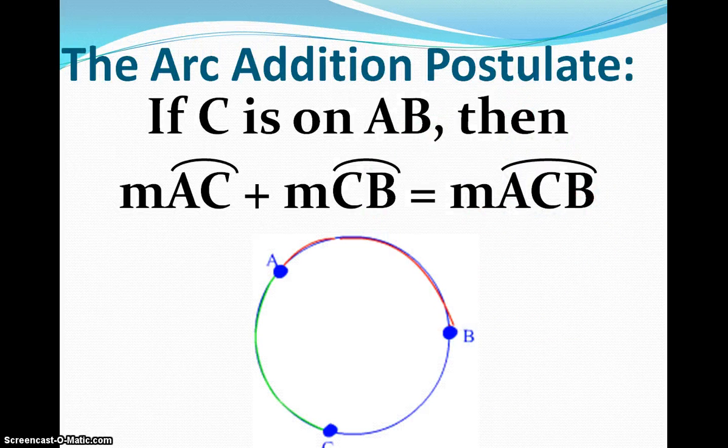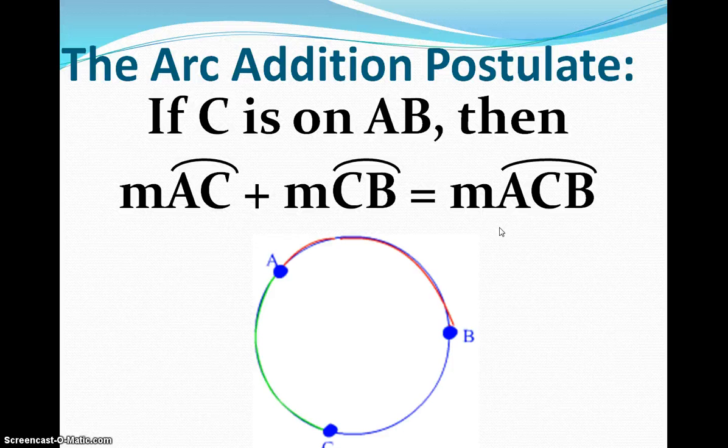The arc addition postulate: if C is on arc AB, then the measure of arc AC plus the measure of arc CB is equal to the entire arc ACB. That is based off of the ruler postulate, which said that AC plus CB would be equal to AB on a ruler, or the angle addition postulate, which talked about the angle version of it.